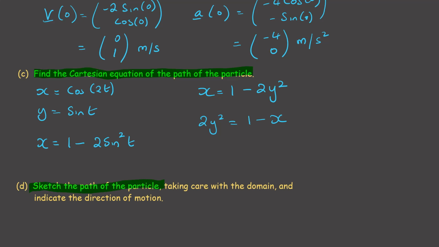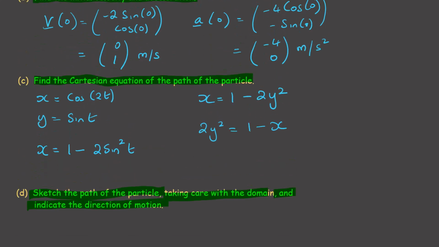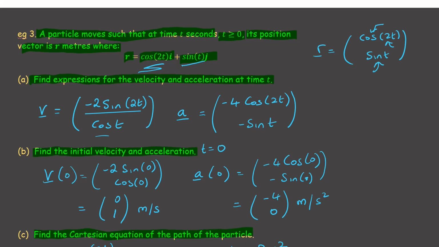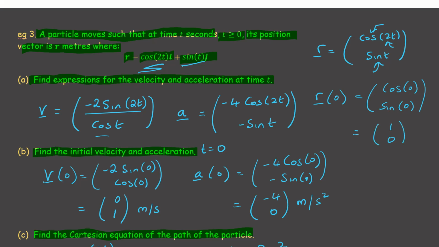Sketch the path of the particle, taking care with the domain and indicate the direction of motion. Okay, so one of the things I might want to establish here is r of 0, which would be cos 0 and sine 0, and that would give us 1, 0.